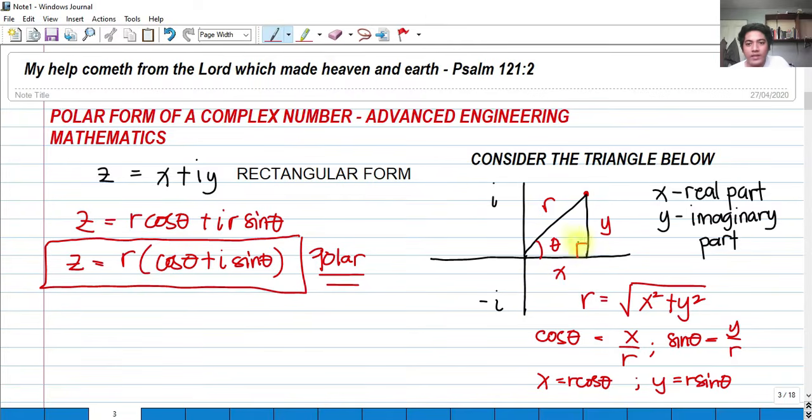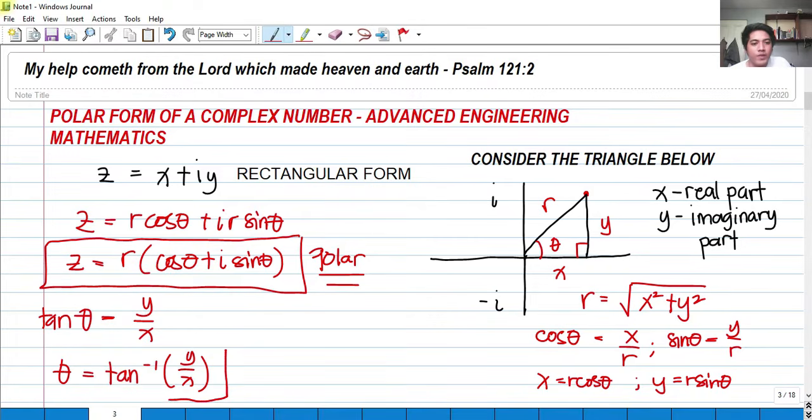So how do we get this theta? We can get theta by taking the tangent function, tangent theta, that is opposite over adjacent. If we wish to get theta, that is theta equals arctan of y over x. So technically, this would be our formula, but not all the time will this be used, because what if x becomes 0?